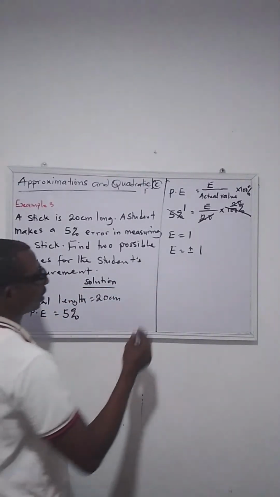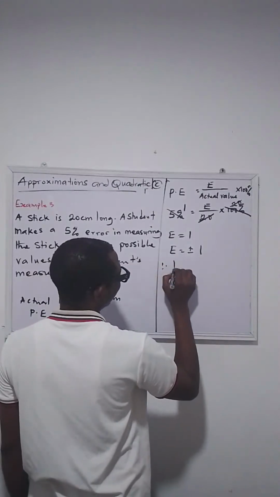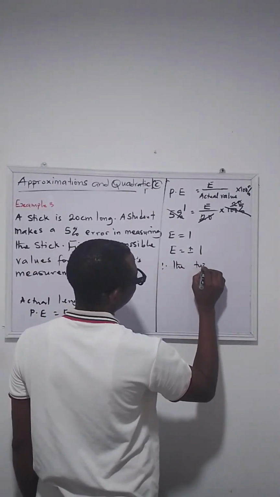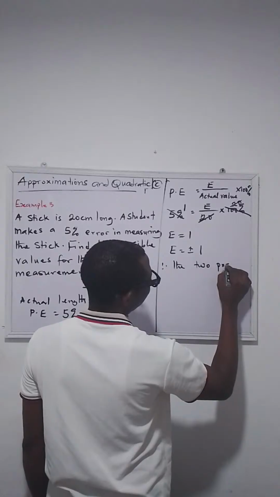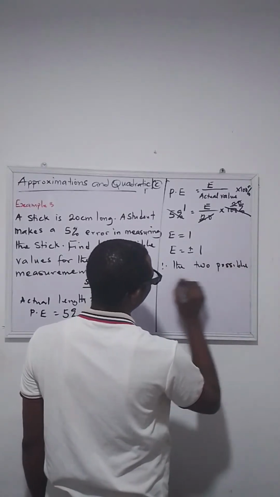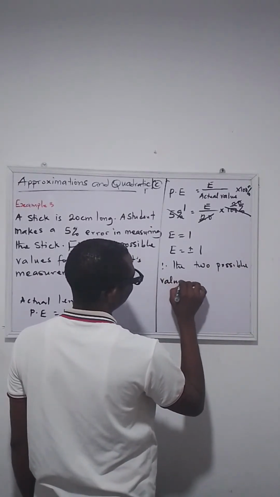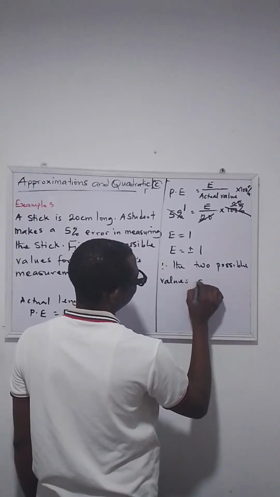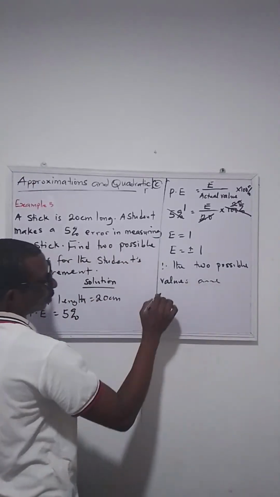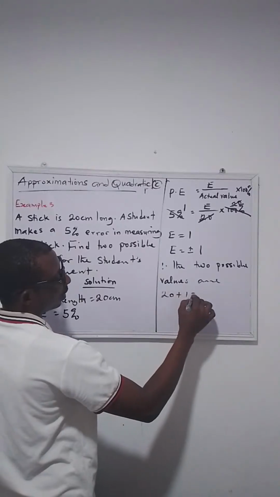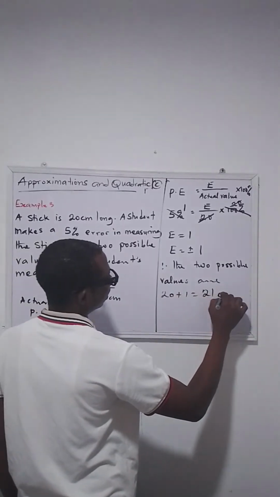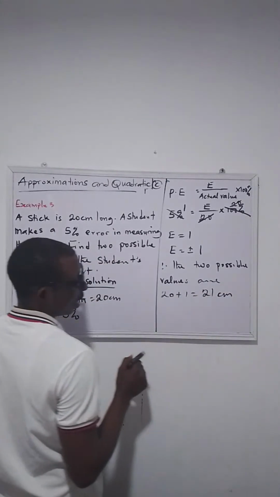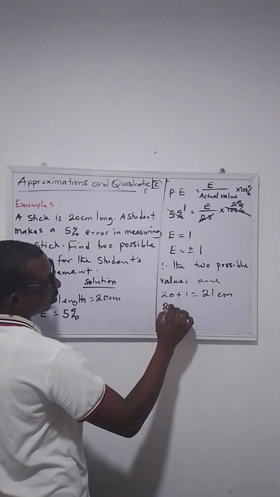So we now said, therefore, the two possible values are 20 plus 1, and that is 21 centimeter. And what? 20 minus 1.